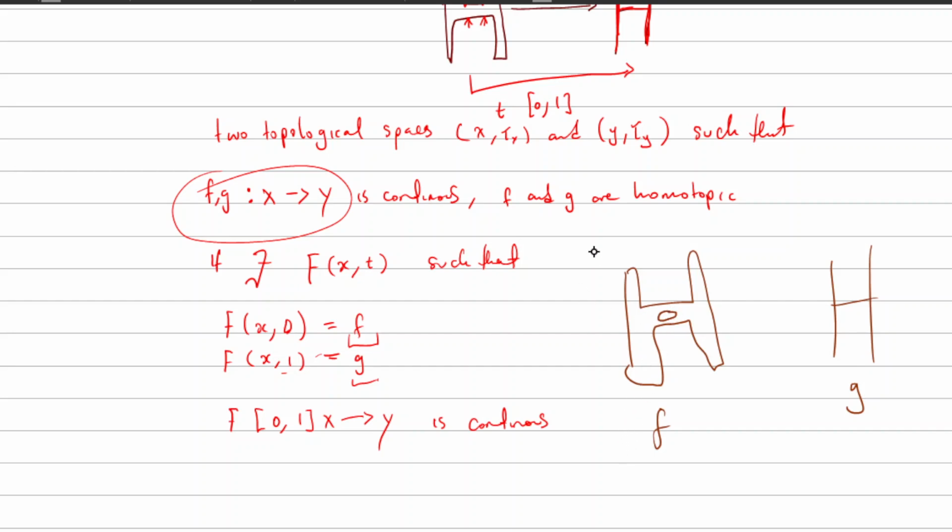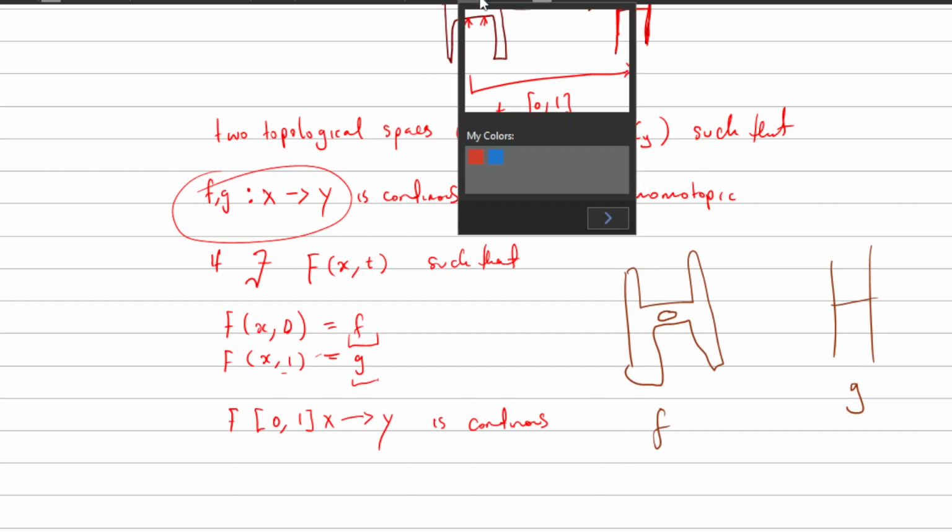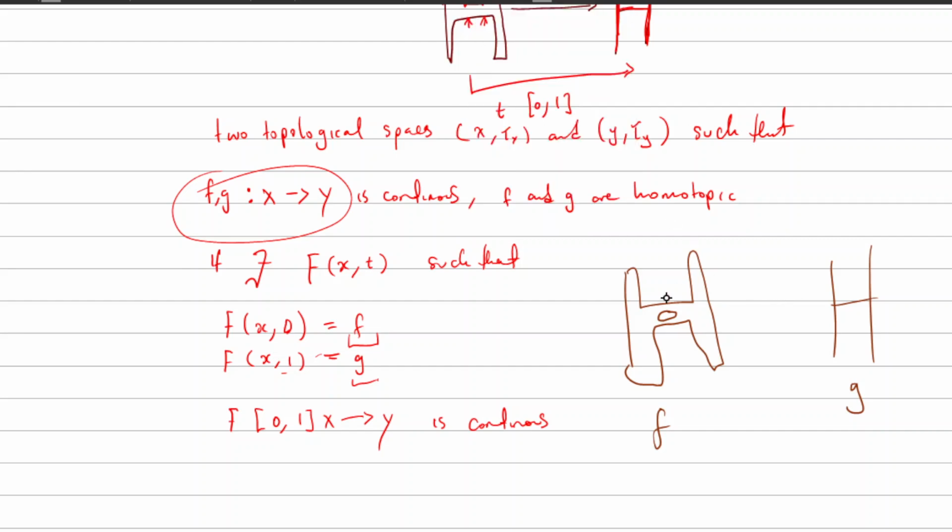Remember, the idea is to collapse the points into themselves so that you have a complete H. At time 0, we're going to have f.